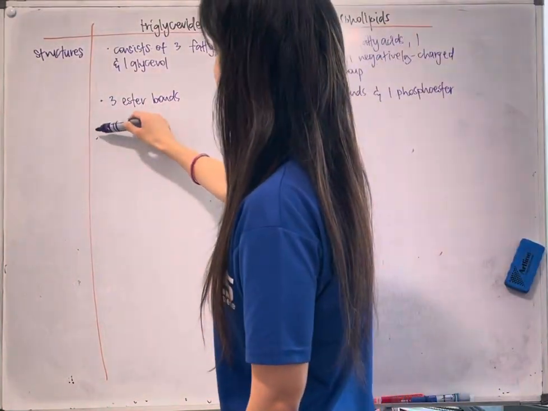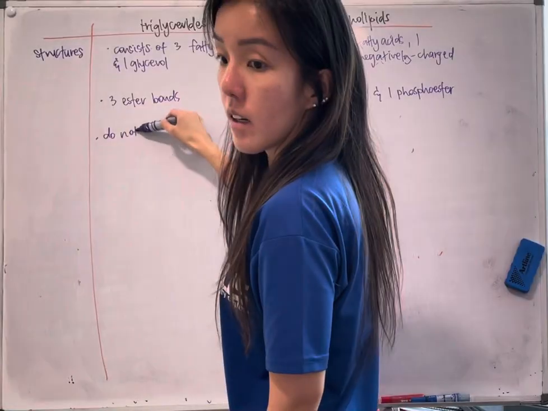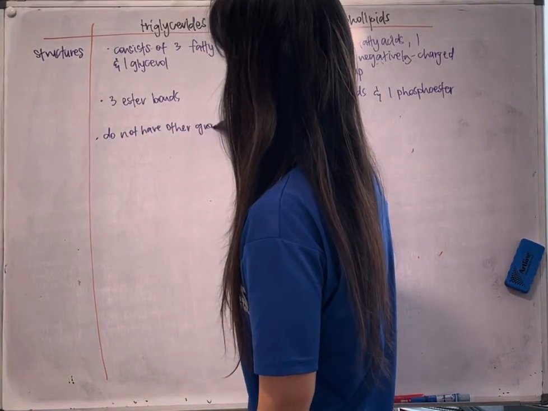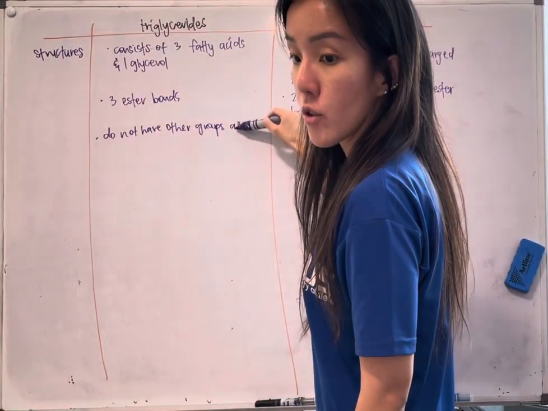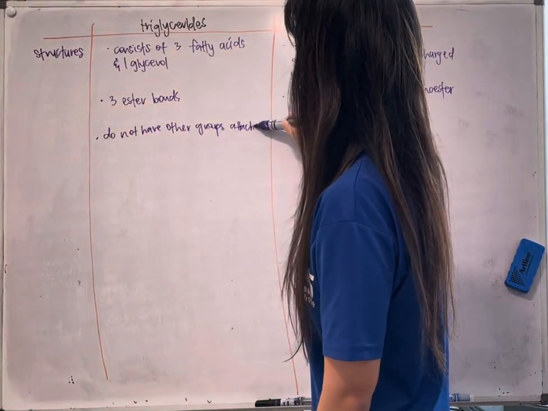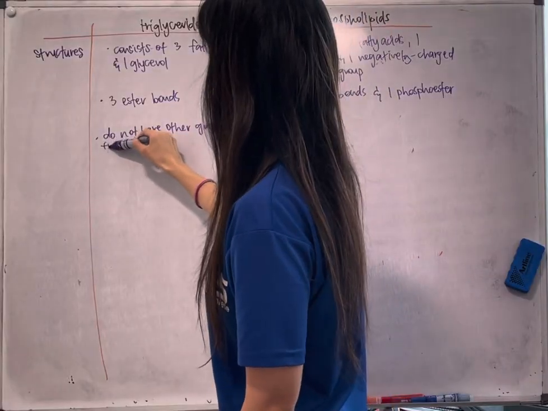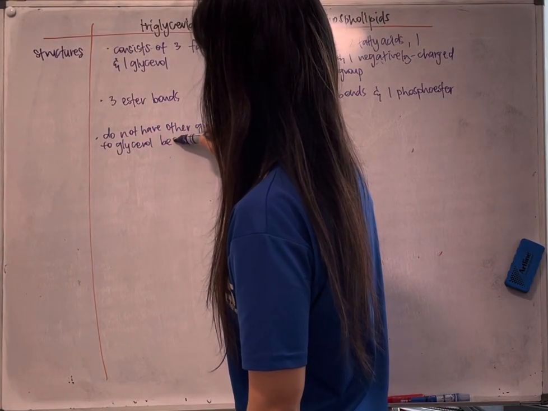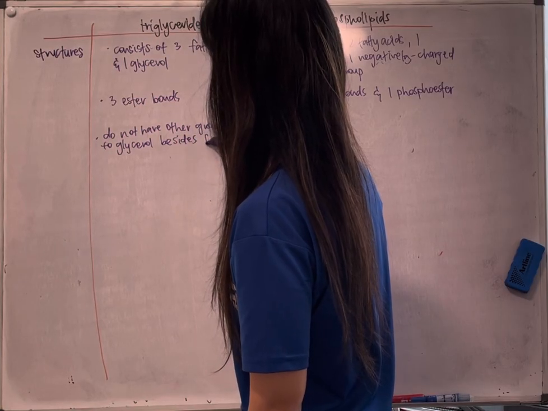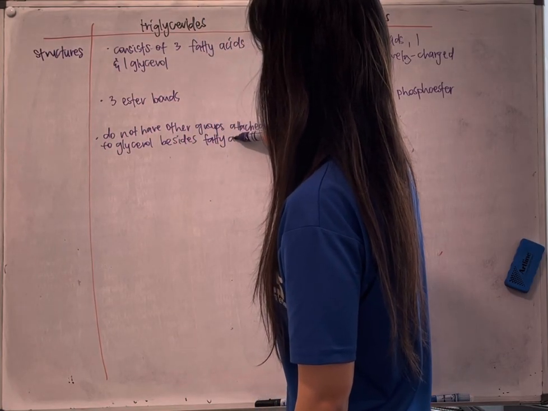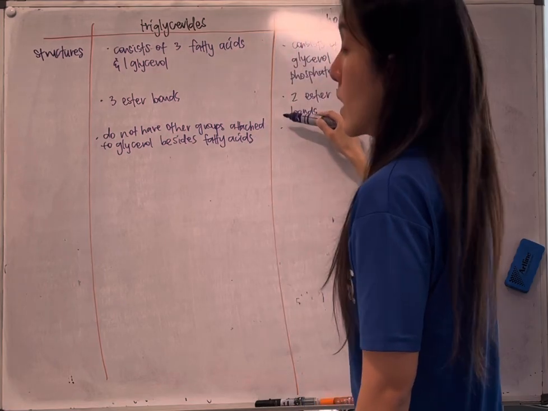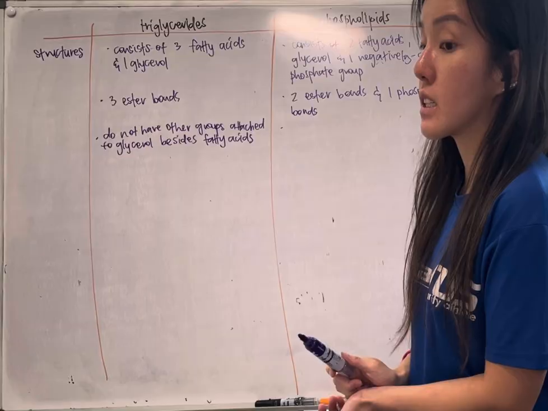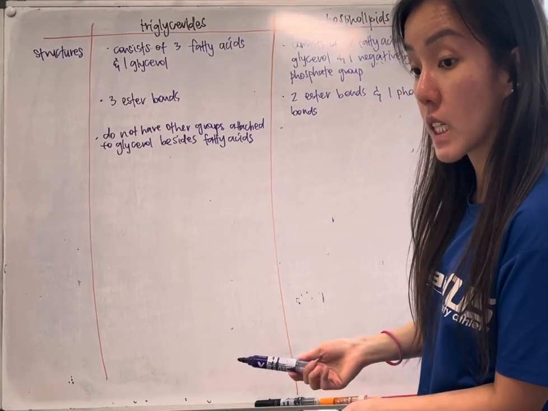Another difference I already mentioned: triglycerides do not have other groups attached to glycerol besides fatty acids. Phospholipids, again, we already know, may have other groups attached to the phosphate group, maybe a nitrogen-containing base, choline.